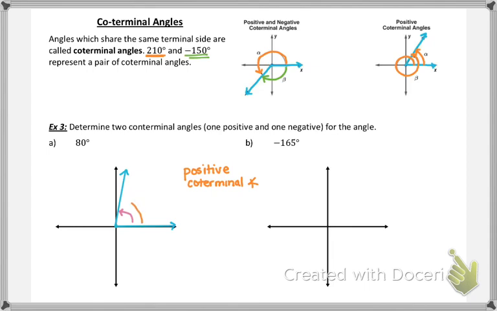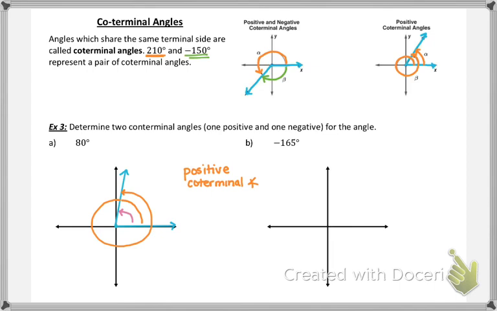So I'm going to go here, and then instead of stopping here, which would just be 80 degrees, I'm going to go around in one full circle. If I start at 80 degrees and I go around once in a circle, I'm going to end right back up where I started at 80 degrees.